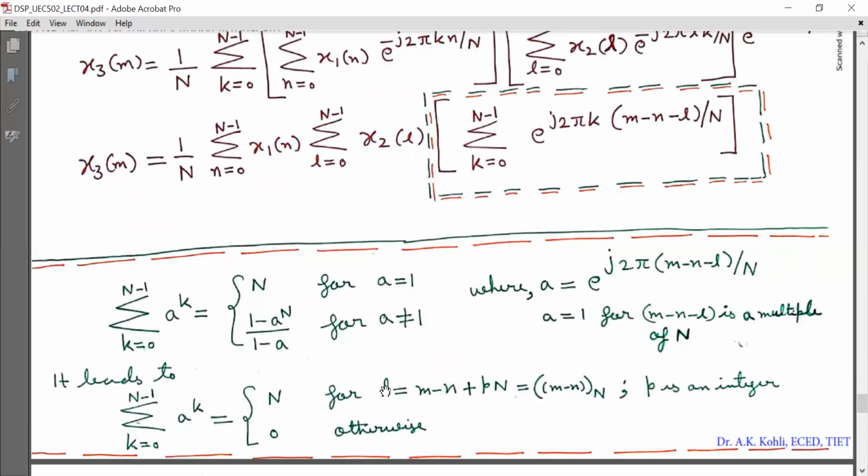So I will substitute this value in this formula. Here l is a typical value, that is l equal to m minus n plus pN.